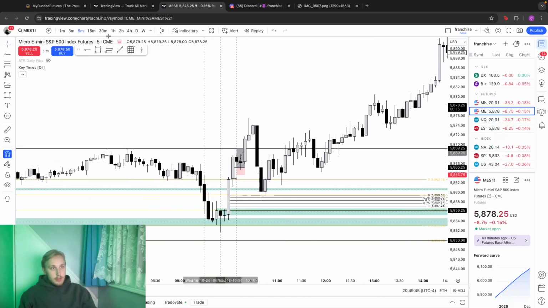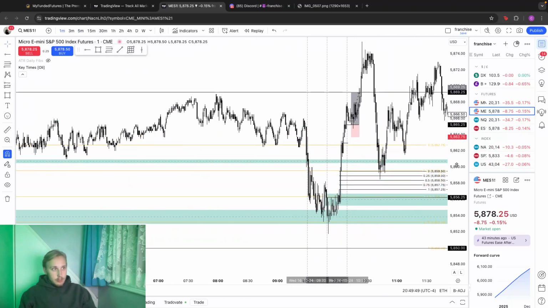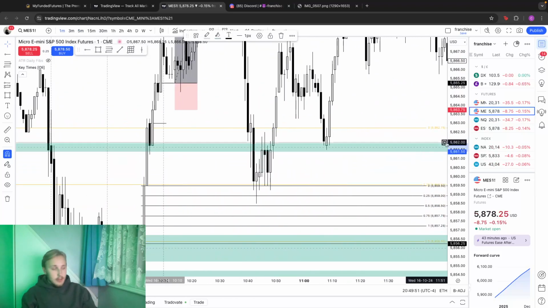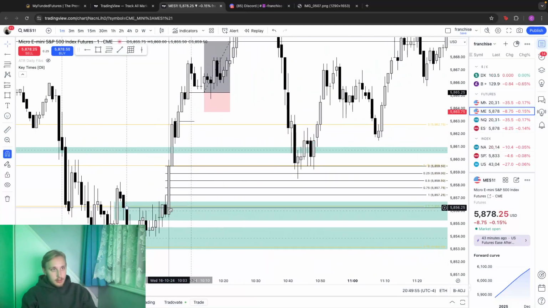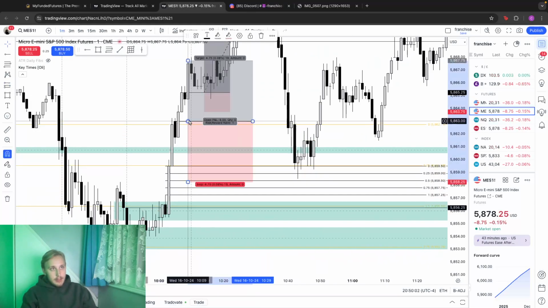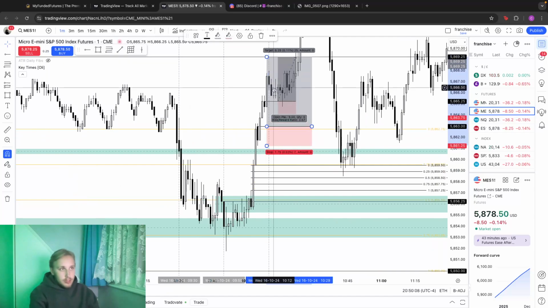If we had got an entry from our original CSD, which would have been nice. Let's say we used, I mean, even let's say we used this order block, would have got a 4R trade.